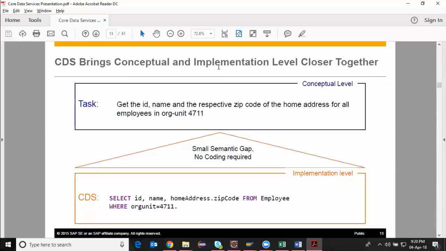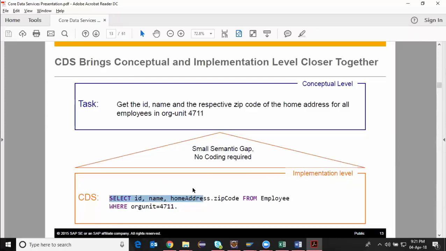What brought SAP to take this decision is this one. So understand why it has taken this decision. What you write here is going to be exactly implemented in CDS, something like this. So implementation level, one line; conceptual, one line.